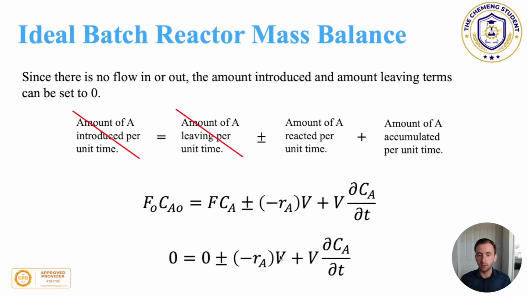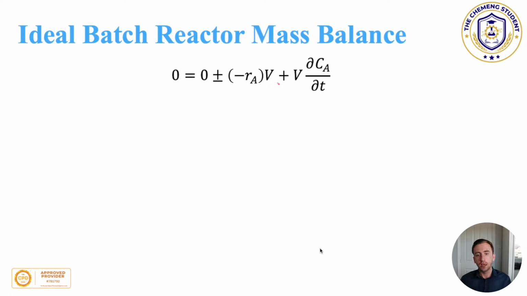That leaves us with the amount that reacts per unit time and the amount accumulated per unit time of component A. We can then cancel out the volumes, because in batch systems the volume is fixed, so it doesn't really play a part in the overall model. This is different with continuous systems, whereby the volume of the material can fluctuate over time if we have accumulation taking place.